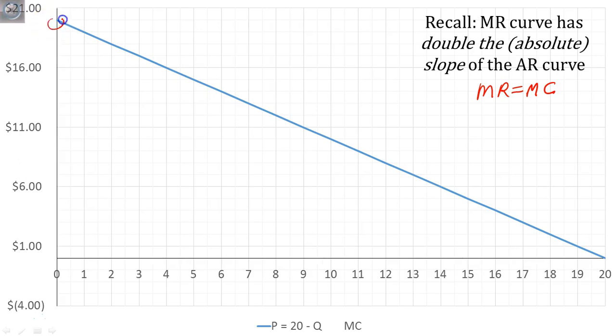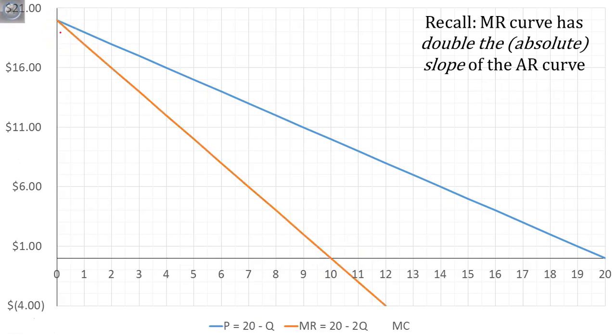So it will start at the same point, but it will fall twice as fast, which means we have to find halfway along here, and that will give us, voila, our marginal revenue curve.